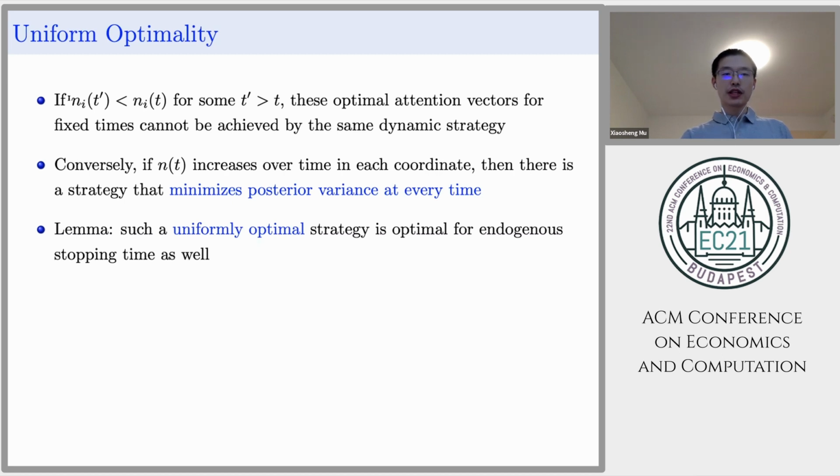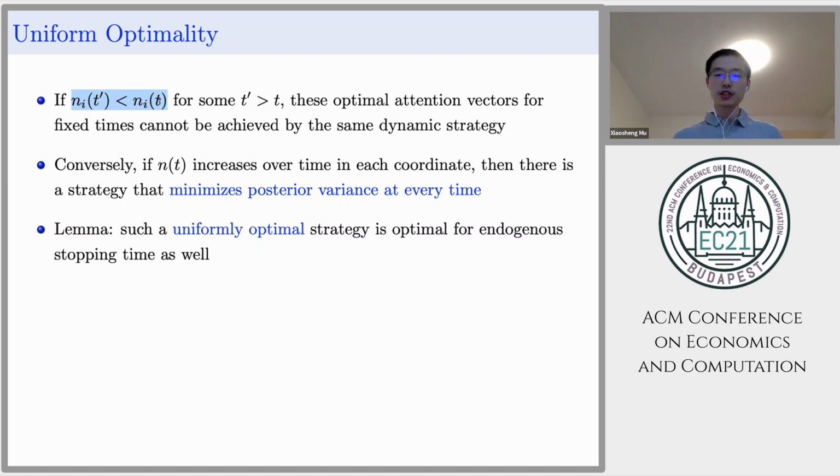If it happens that at some later time t prime, the optimal way of dividing t prime units of attention gives less attention to source i than the optimal way at time t, then these optimal attention vectors for the two fixed times cannot actually be achieved by the same dynamic strategy. Because to achieve this, we would have to take away what we have already devoted to source i at time t.